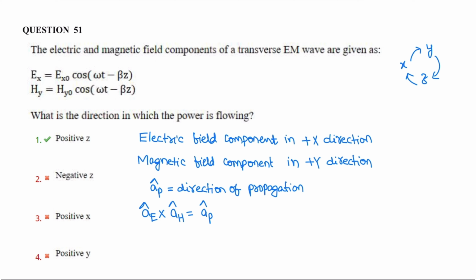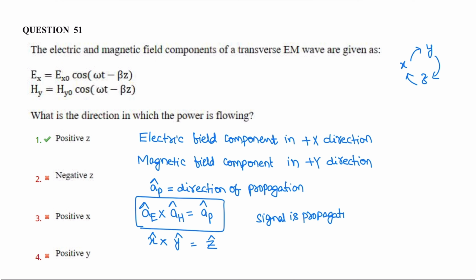So from this expression, aE cross aH is equal to aP cap, that is x cap multiplied with y cap is z cap. Now aP is the direction of propagation, therefore the signal is propagating in the positive Z direction.